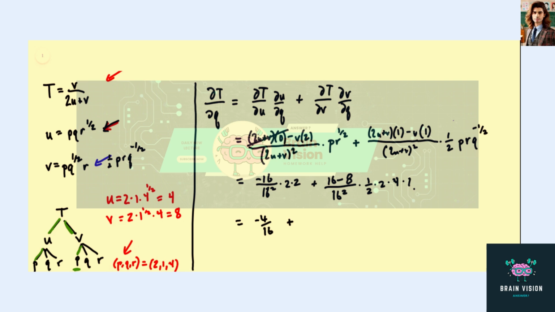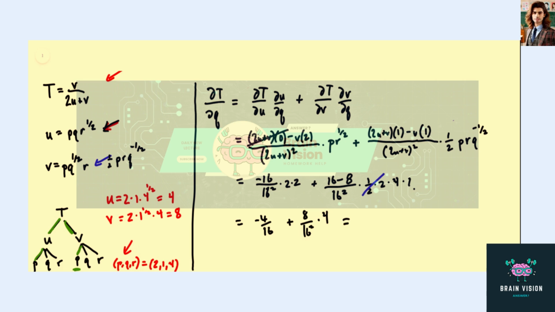Let's see, what else do we have here? We've got, these cancel out. 16 minus 8 is 8. So 8 over 16 squared times 4. We can think of this as 8 times 2 times 2.